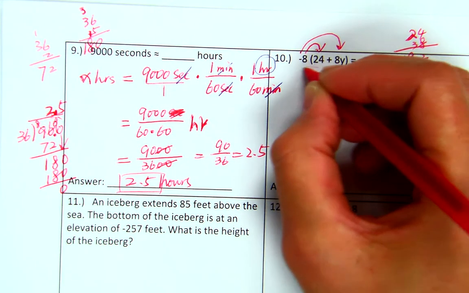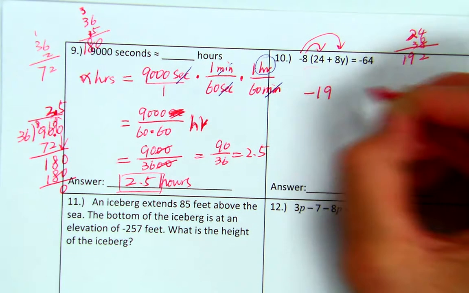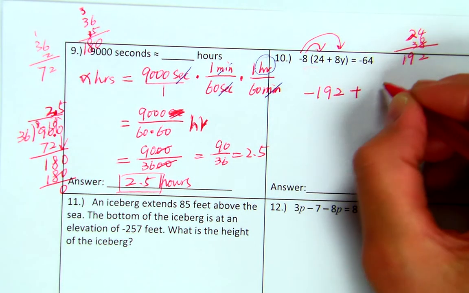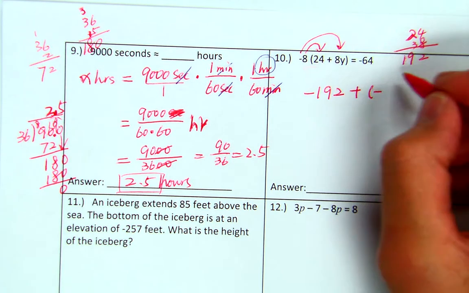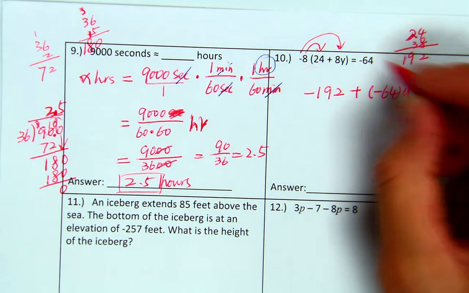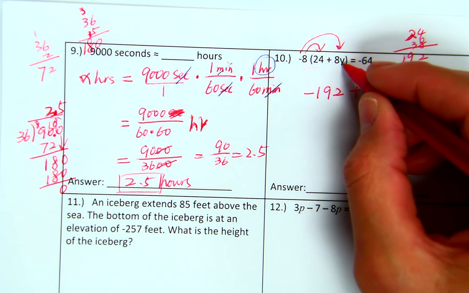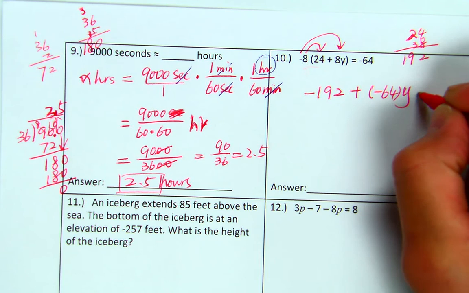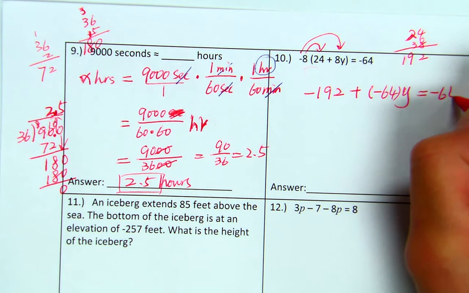So the first number here is negative 192 plus negative 8 times 8 will be negative 64, and then you still have the y because the y has to be put back, and negative 64y.